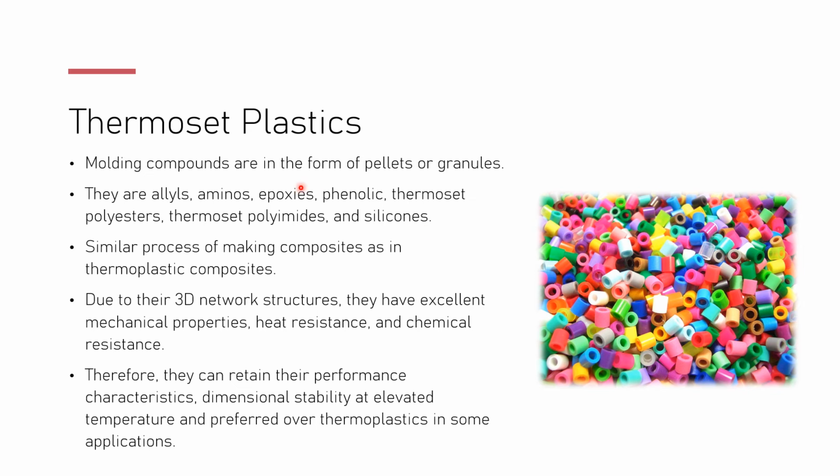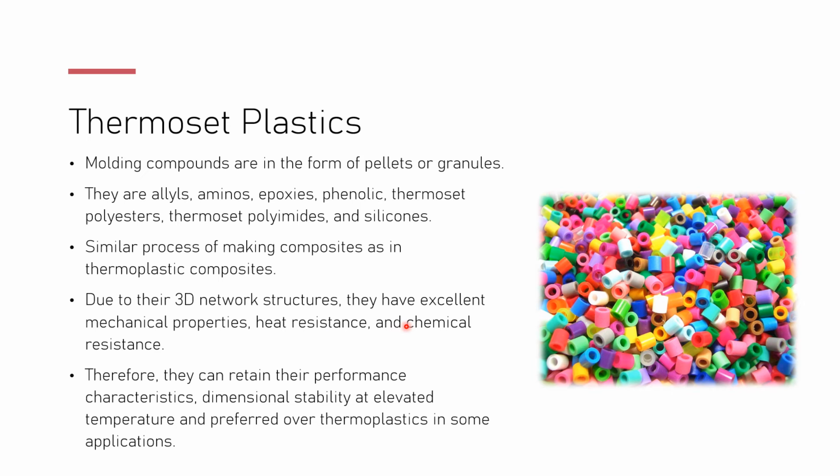Thermoset plastic molding compounds are in the form of pellets or granules. So they are alloys, your aminos, your epoxies, and phenolics, thermoset polyesters, thermoset polyimides and silicones. A similar process of making composites applies as in thermoplastic composites. Because of their 3-dimensional network structure, they have excellent mechanical properties. They have good heat resistance and chemical resistance.